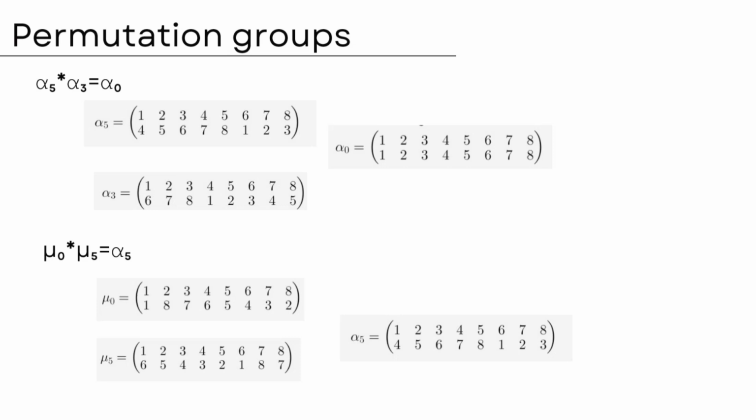Then 3 is to 4 and 4 is to 6, then 3, 6. 4 is to 3, since 3 is to 7, then 4, 7. 5 is to 2 and 2 is to 8, then 5, 8. Then 6 is to 1 and 1 is to 1, then 6, 1. Then 7 is to 8 and 8 is to 2, it is 7, 2. And 8 is to 7 and 7 is to 3, it is 8. So therefore it is correct.